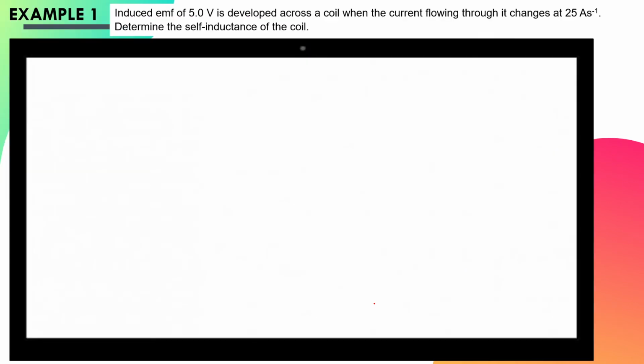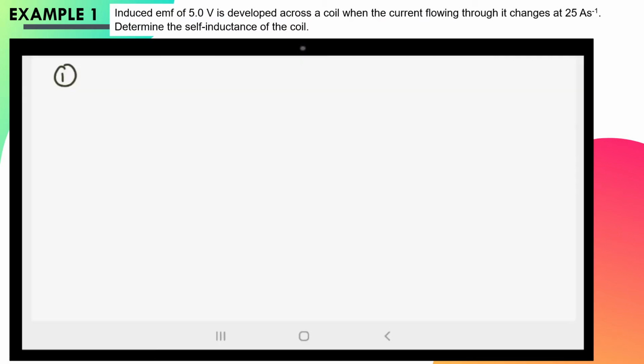Okay, so let's try some examples. Let's start with example number 1. For question number 1, we have an induced EMF of 5.0 volt. So let's write induced EMF is equal to 5.0 volt, developed across a coil when the current flowing through that coil is changing at a rate of 25 ampere per second.